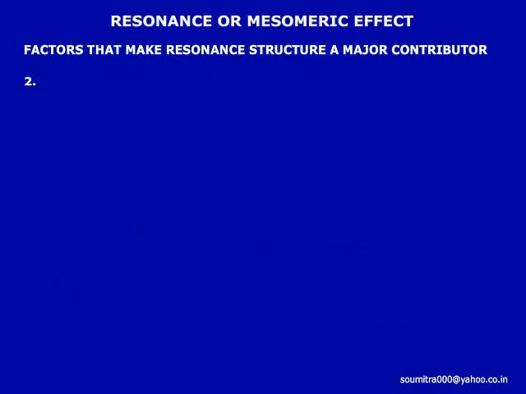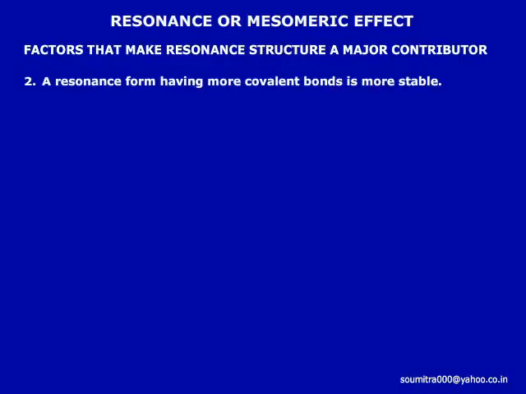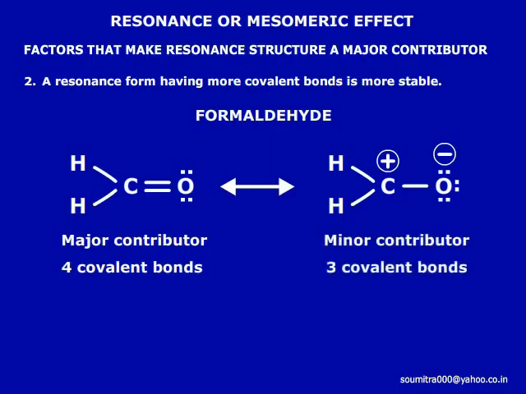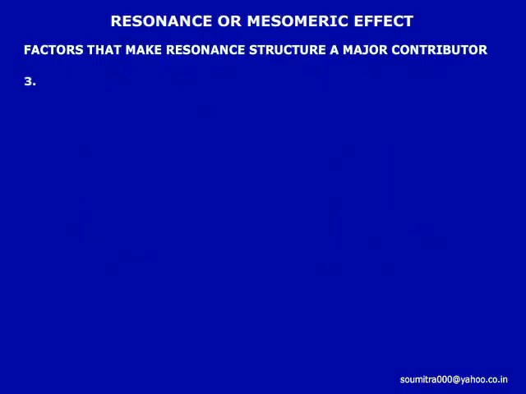Now point number 2, a resonance form having more covalent bonds is more stable. See the resonance structures of formaldehyde. Structure 1 is more stable because it has 4 covalent bonds, whereas structure 2 has only 3. Point number 3.